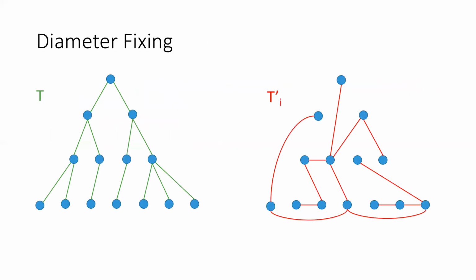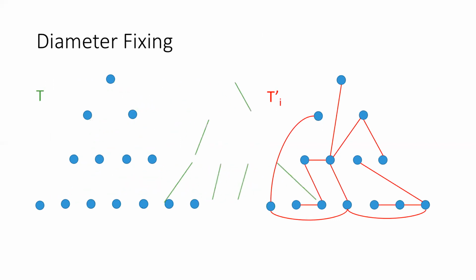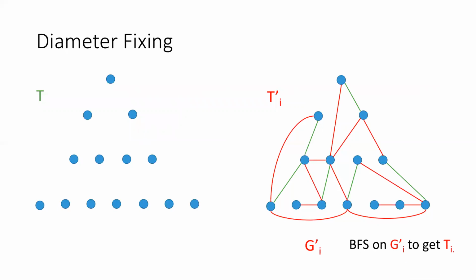And the specific algorithm is that we let each edge of T uniformly at random go to one tree of the set T'_1 up to T'_{k/2}. For example, these are the edges that decide to go to T'_i. And the union of these edges with T'_i forms a spanning subgraph G'_i. What we do next is to run a BFS on each G'_i to obtain the tree T_i, which is the resulting tree packing.